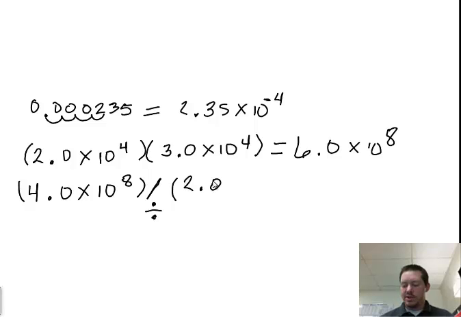So I've got 2.0 times 10 to the second. So I have 4 divided by 2. So I got 2.0 times 10, and then 8 minus 2, so times 10 to the 6th.